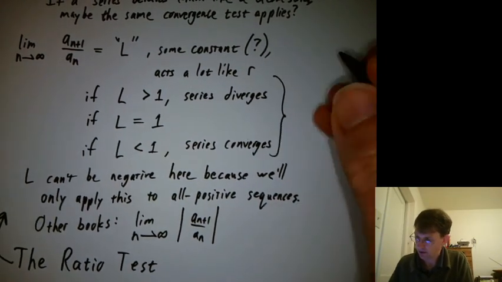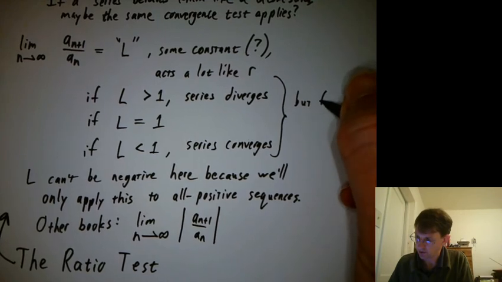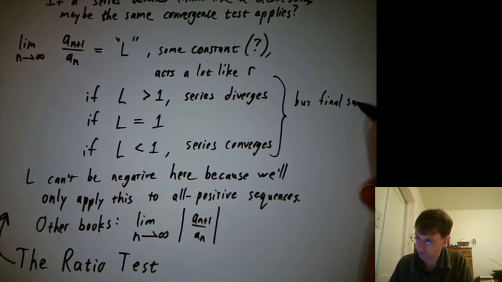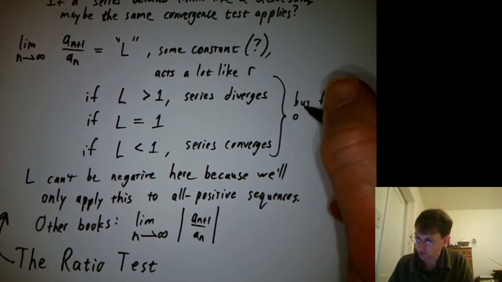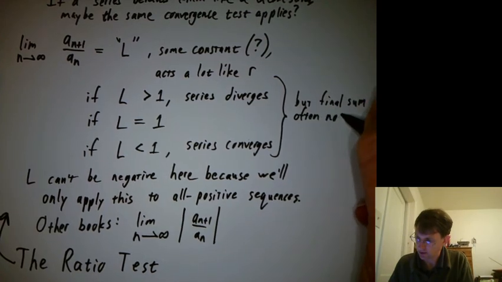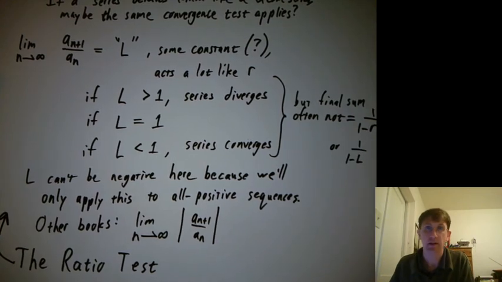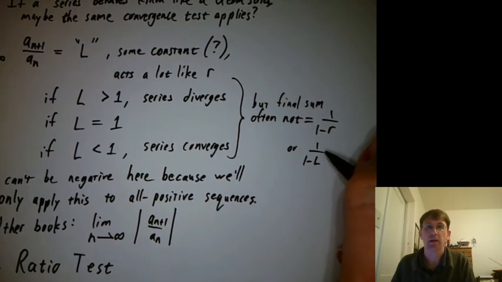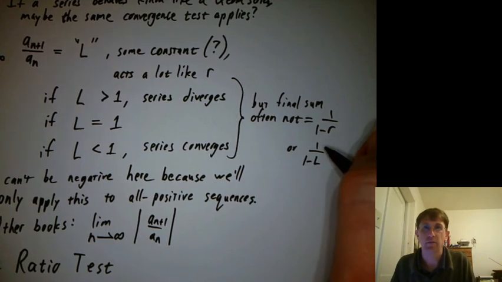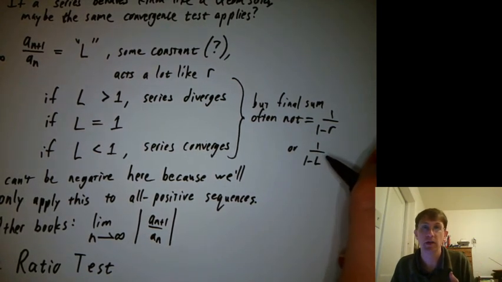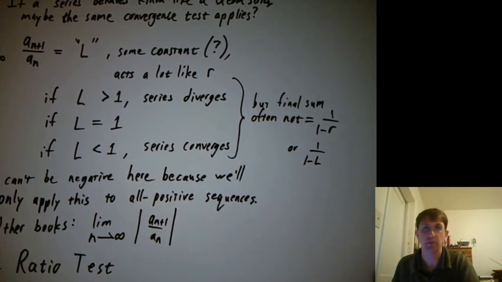So the final sum is often not equal to 1 over 1 minus r, or since we're treating L like r, 1 over 1 minus L. It's going to be a lot harder to figure out how close it should be, and we shouldn't try to guarantee that it will be the same.